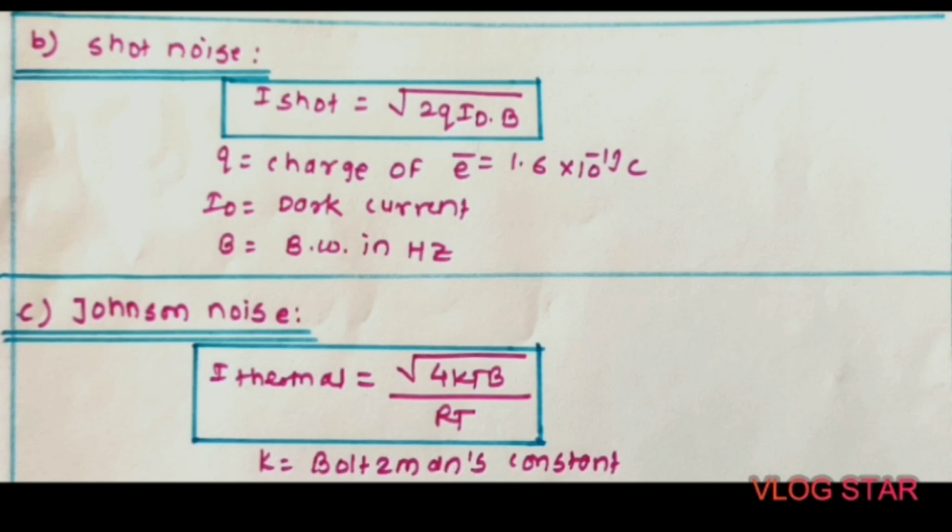The dark current gives random fluctuations in the output current, and the current produced because of this shot noise is called shot noise current, which is given by I shot = √(2q·Id·B), where q is the charge of an electron, which has the value 1.6 × 10^-19 coulomb, Id is the dark current, and B is the bandwidth in hertz.